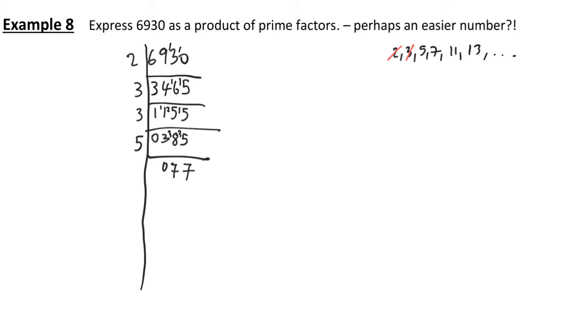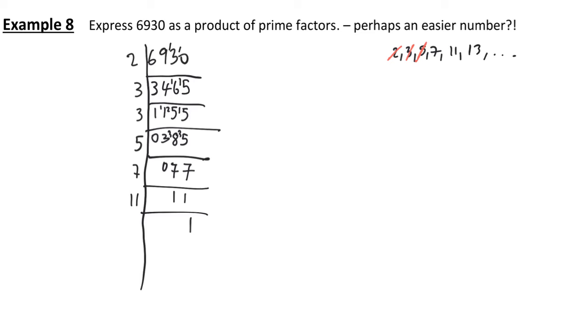So we've got 77. Now 77 ends in a 7, so that means it's not going to be divisible by 5 anymore. So we try 7, and 77 is divisible by 7. 7 goes into 7 once, 7 goes into 7 once, so we're left with 11. And 11 is divisible by 11 to give 1. And we've ended off with 1.